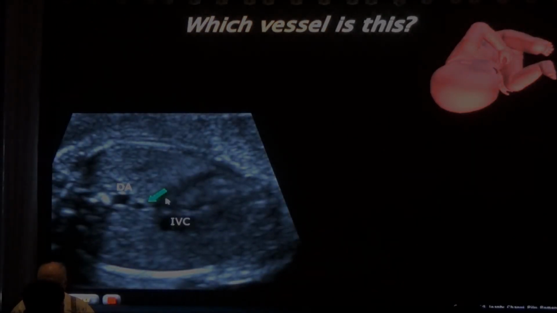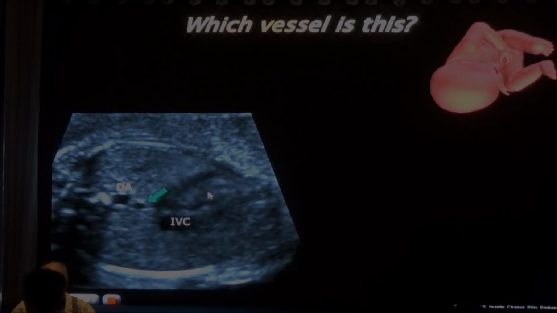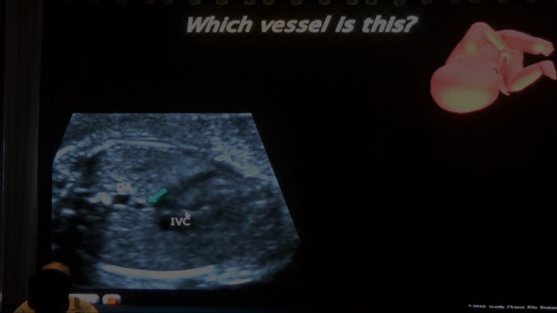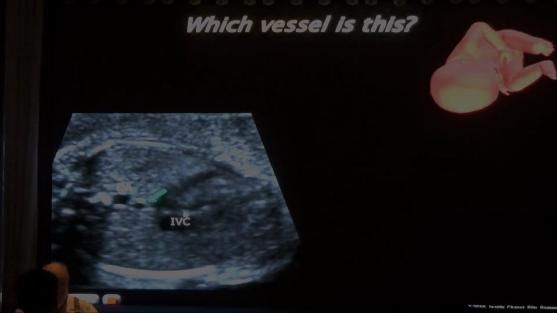So here we have the descending aorta, and I'm just below the four-chamber view. What is the vessel between the descending aorta and the four-chamber view? Anyone who's good at anatomy? You didn't like to study anatomy either, huh? Neither did I. Well, there should be no vessel between the aorta and the four-chamber view.